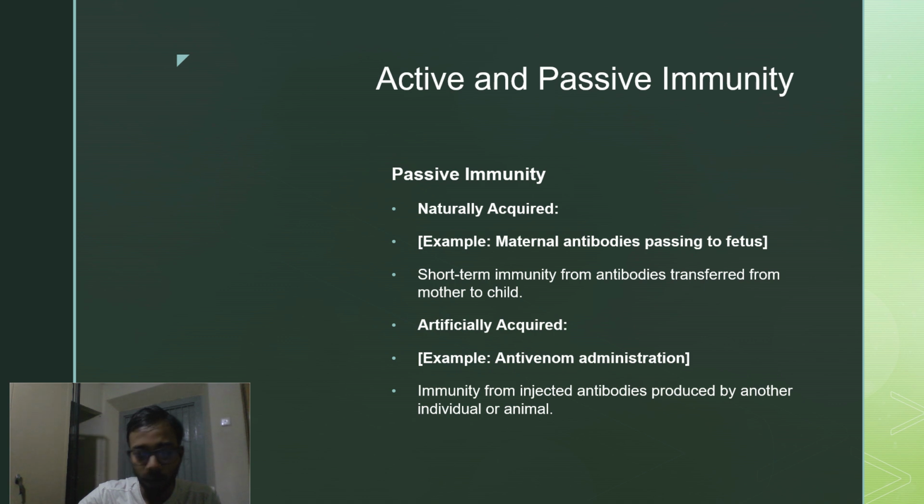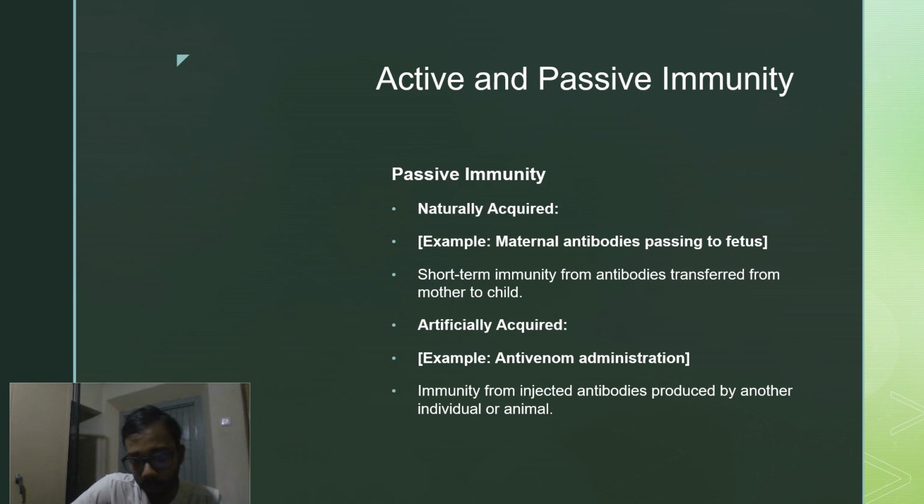An example for artificially acquired passive immunity is anti-venom administration. There are anti-venoms available, for example, if a cobra or other venomous serpent bites a human being, we can rapidly give antibodies within a short period of exposure.